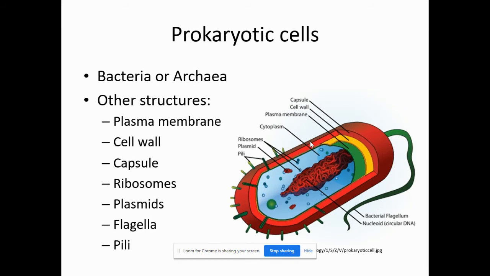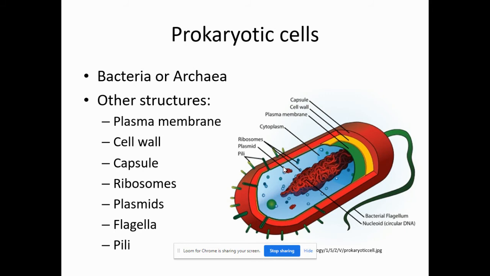All right, so they don't have true nuclei, but the DNA is concentrated in an area termed the nucleoid region. When you get outside the plasma membrane, remember they're cells, so like all other cells, they have a plasma membrane.